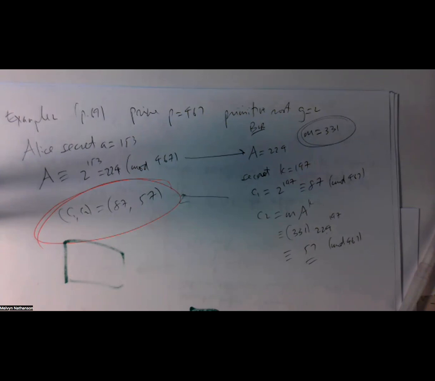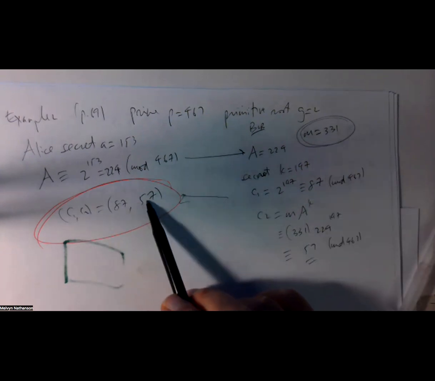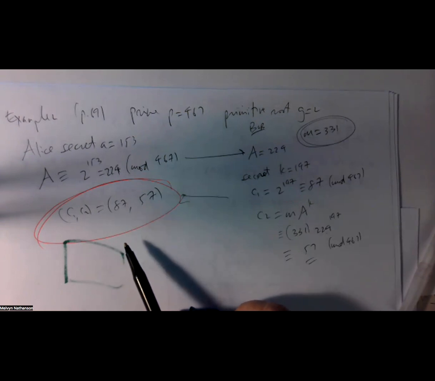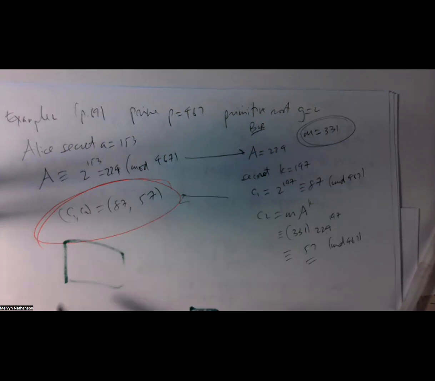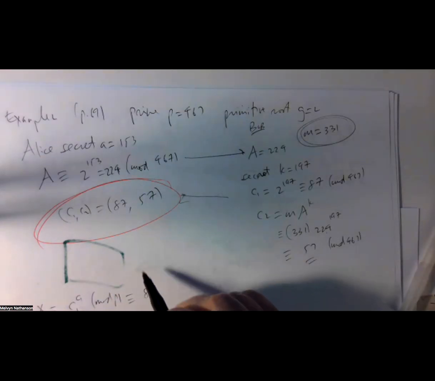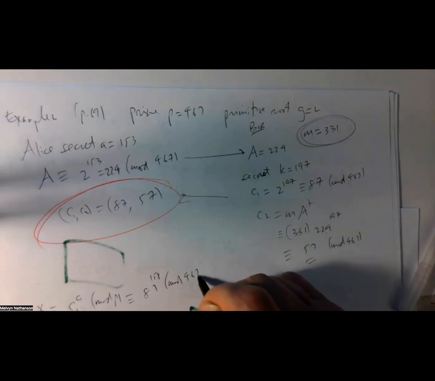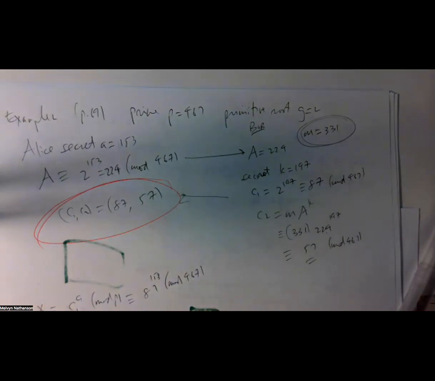So how can Alice obtain the number 331 from the pair of numbers 87 and 57? So what does Alice do? First, Alice computes X. X is C1 to the a mod P. C1 is the number everyone knows, 87, but raised to Alice's secret number, 153, modulo 467.